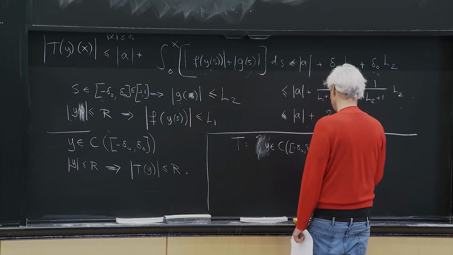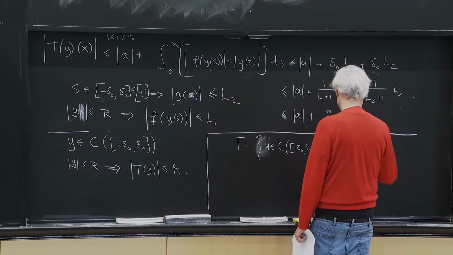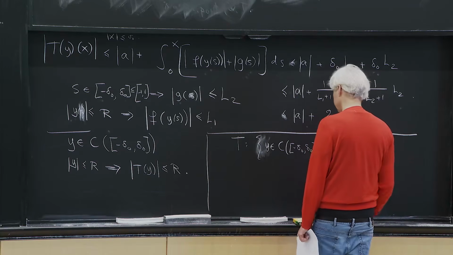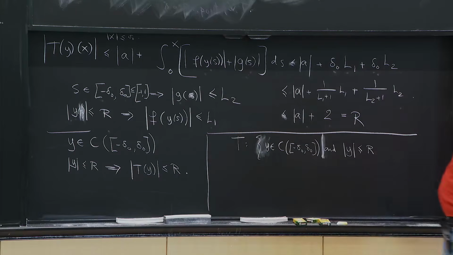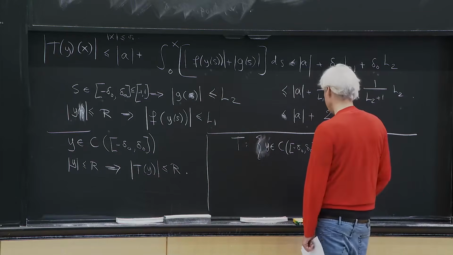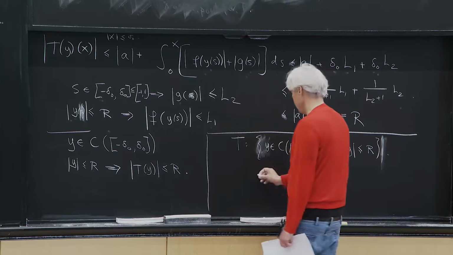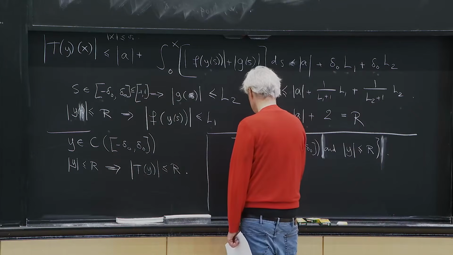And what you have is, I'm thinking about with the norm at each point, this here is less than r. And again, this is really a ball in this metric space, but let me just write it out like this. This is the space, and you have that T of y.